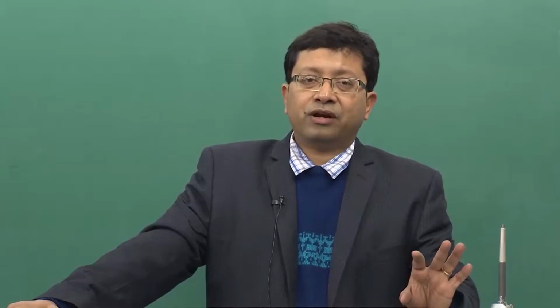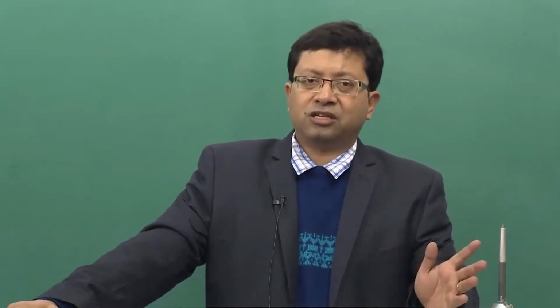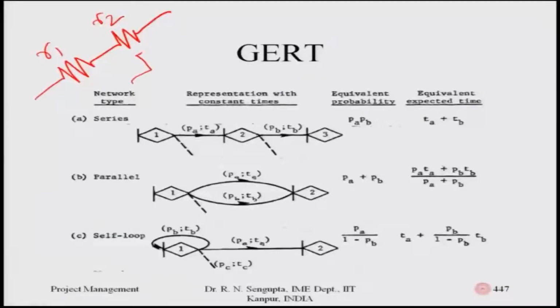Now, if I go to the concept of the parallel circuit, the way of finding the parallel relationship is just the reverse, because they are running parallel to each other. So, R1 and R2 are like this. So, this is R2 and this is R1.